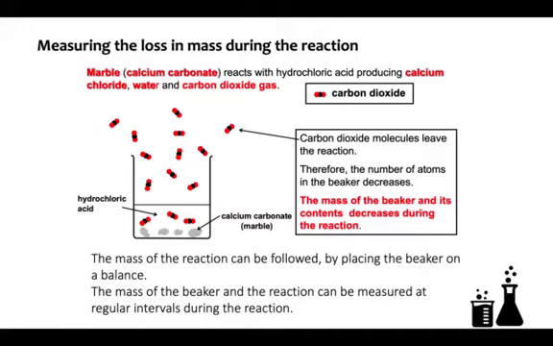Okay. So obviously, if the CO2 was being made much faster, then the loss in mass of the vessel overall would be much faster.